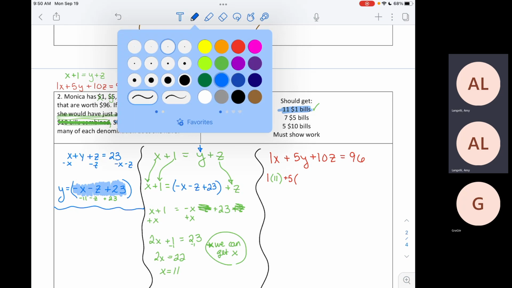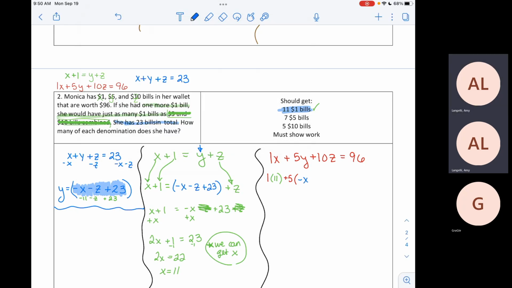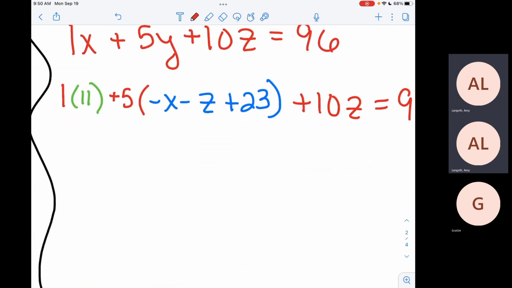I think I need to go to blue, right? I just put in negative 11 right there. Oh, that's fine. I'm going to zoom in and show everybody what you mean by that. That's absolutely fine. She said, anytime I see an X, I just automatically made it 11. So I'm going to erase this blue X and just automatically make it 11. That's totally fine.